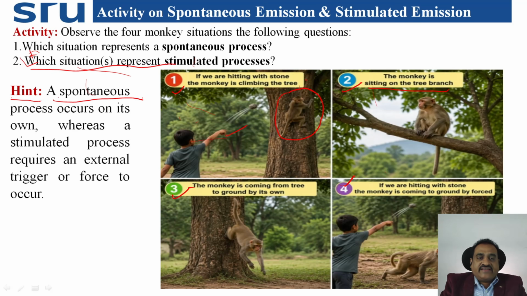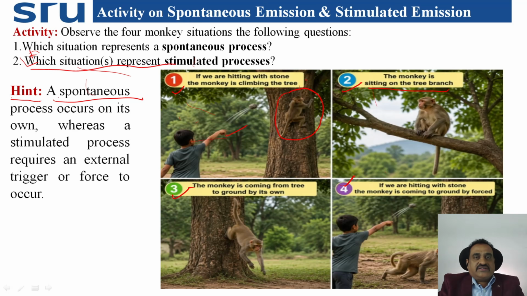A spontaneous process occurs on its own, whereas a stimulated process requires an external trigger or force to occur. But if an external action forces the monkey to move, we can compare that with a stimulated process.